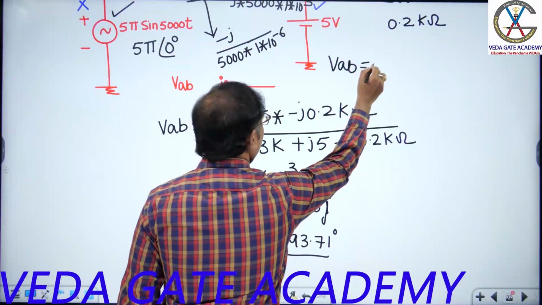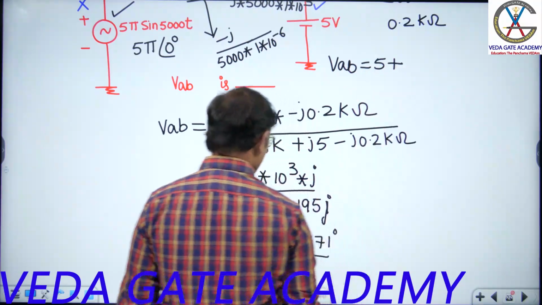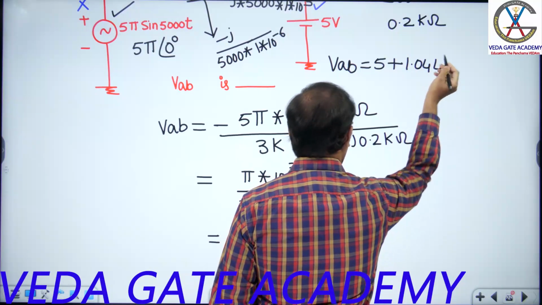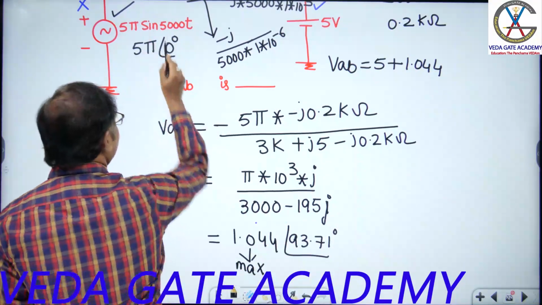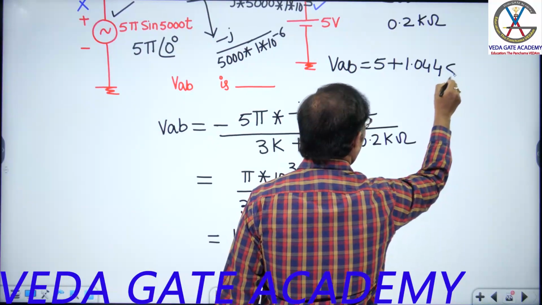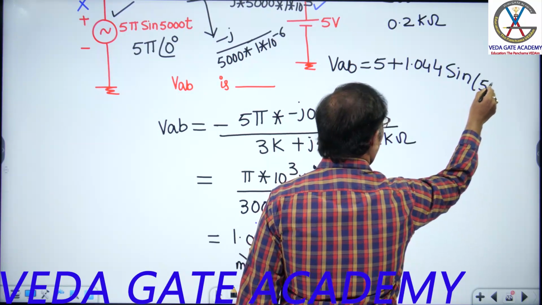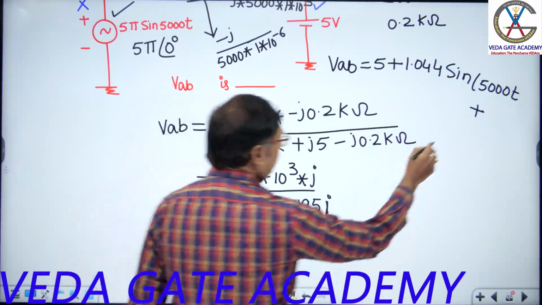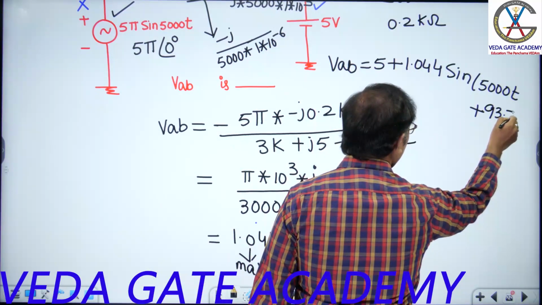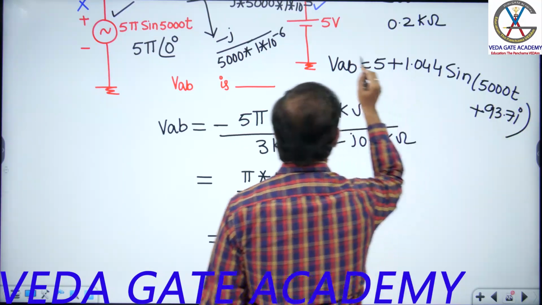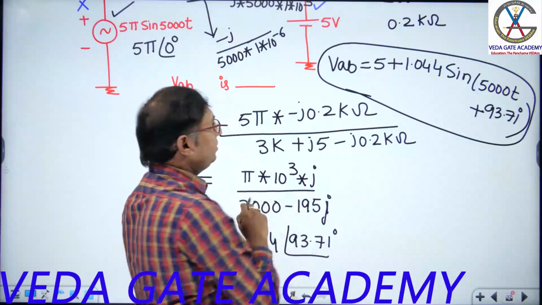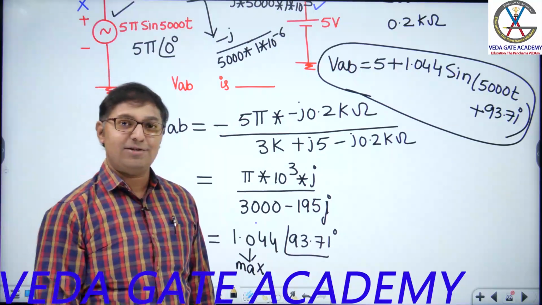We can write 5 plus 1.044 sine 5000t plus 93.71 degrees. So this is what your VAB is.